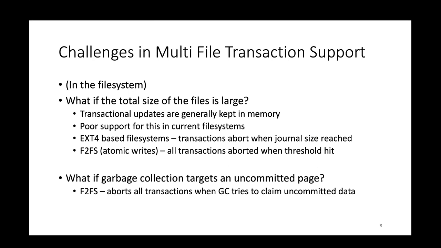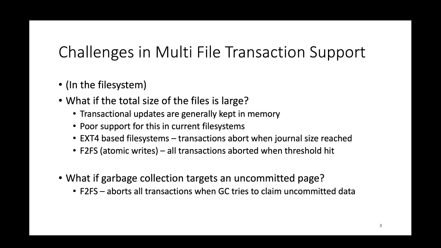In general, the updates in the transactions are going to be kept in memory, but for current file systems that support transactions, or at least research file systems, the support is quite poor for such a use case. In the ext4 based ones, as they describe in the paper, there's a limit on the size of the transaction related to the size of the journal.